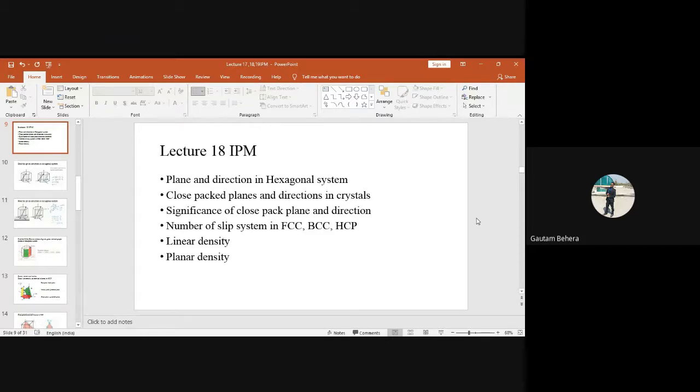That means if you want to find a particular crystallographic direction in a given unit cell of a hexagonal crystal, you first need to find the 3-coordinate system.